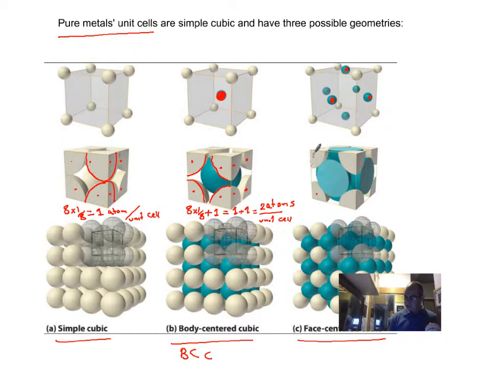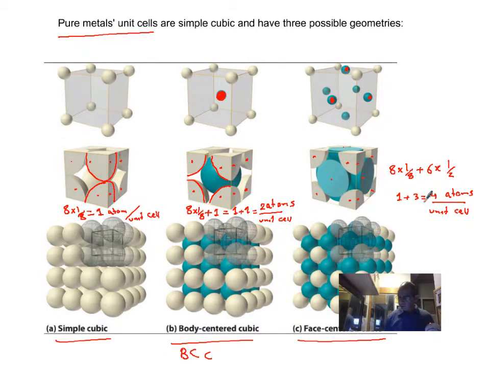It has again 8 corners of 1/8 of an atom, plus you also have 6 faces, 1, 2, 3 in back, 4, 5, 6 faces that have half of an atom within the cell. So 6 times half, you have 1 plus 3. This has 4 atoms, the most per unit cell.